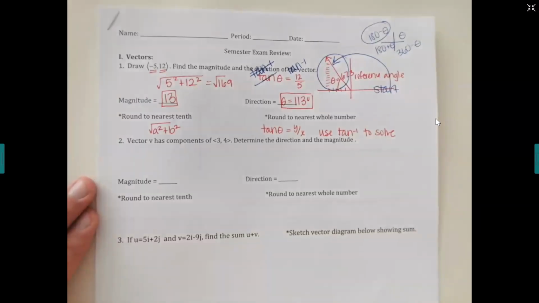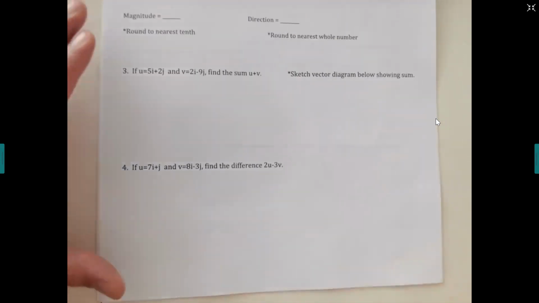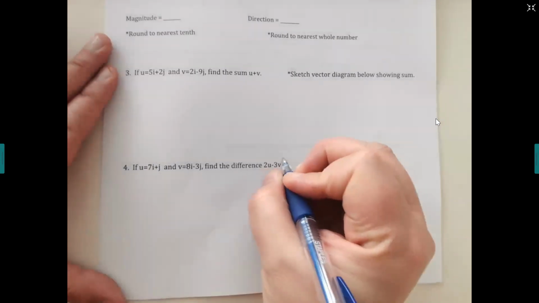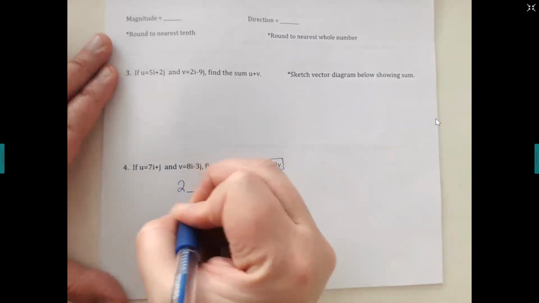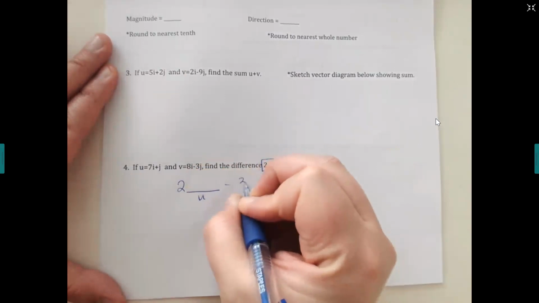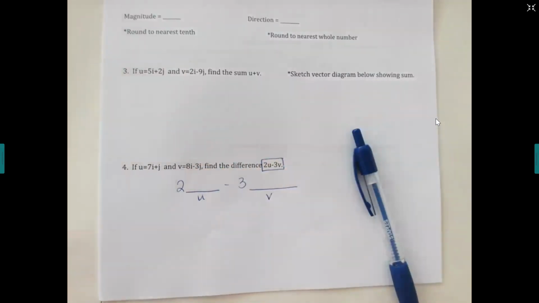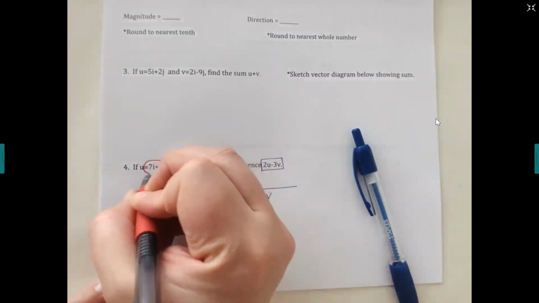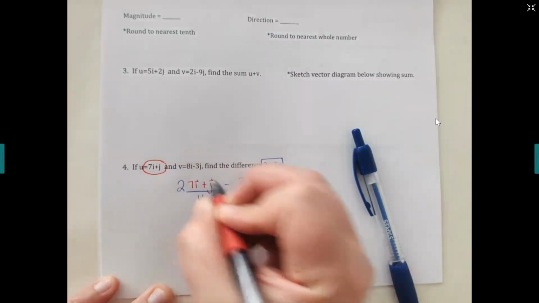Okay, we'll do one more of these. We'll come down and do number 4, please. So you want to find 2u minus 3v. I'm going to take my coordinates for u and v and plug those in. My u is 7i plus j.